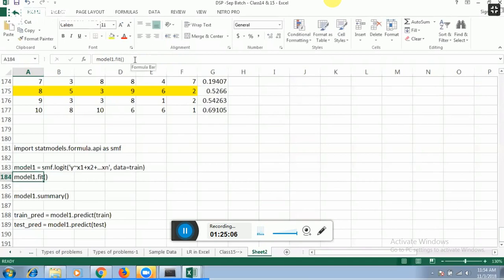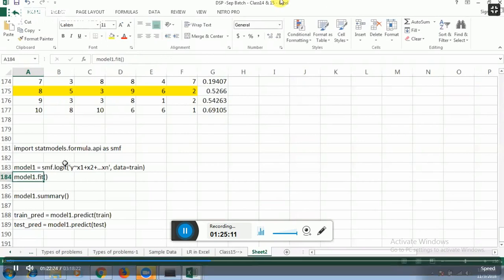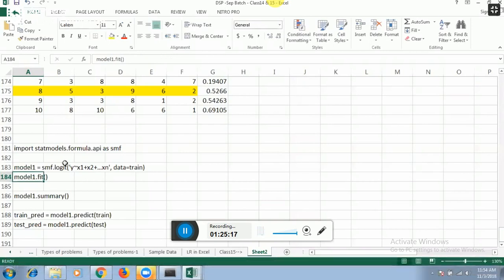There is no difference. What is changing? Only the method will change. By providing a Y and X, the train data, you fit the model and identify. You look at the summary, look at predicting the values for train data, and predicting the values for test data. The steps remain the same.